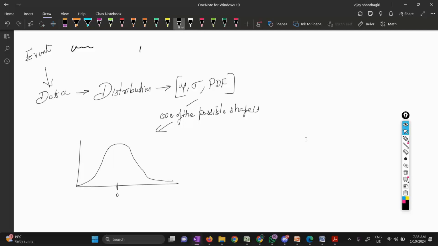If, between 0 to first sigma and 0 to minus first sigma, 34% of the data in the given distribution lies between the mean and the first sigma, and 34% lies between the mean and minus 1 sigma, and if this continues further and you get a final bell curve, if you get this, then it is a normal distribution.